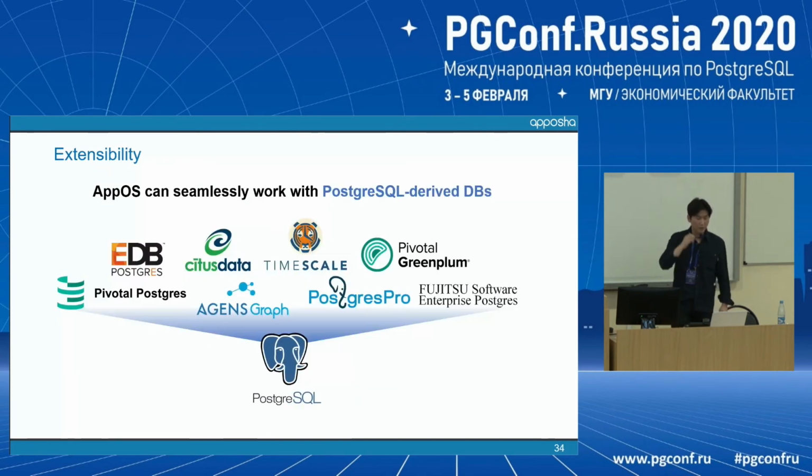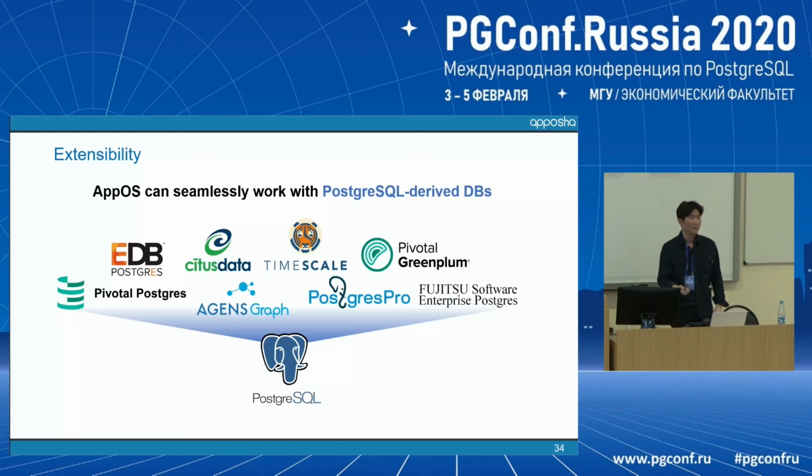Okay, because this AWS extension runs between PostgreSQL and the Linux kernel, it can work with PostgreSQL-derived databases, including Citus, Timescale, EDB, and many other databases. Actually, I only tested Timescale, Citus, and Enterprise DB.